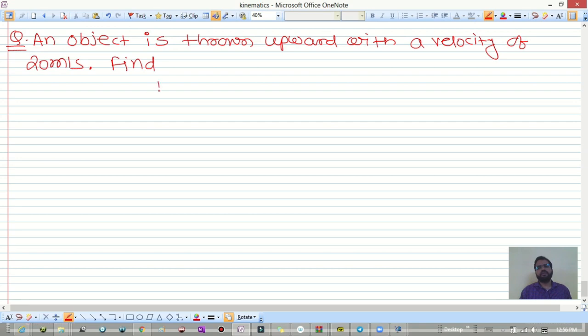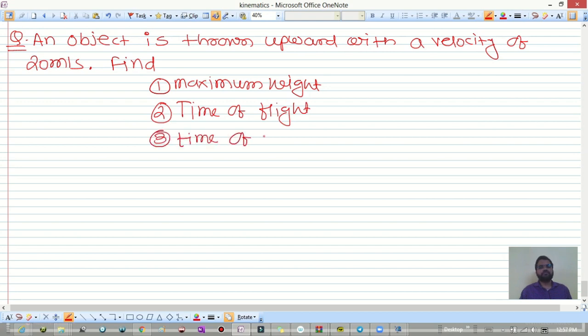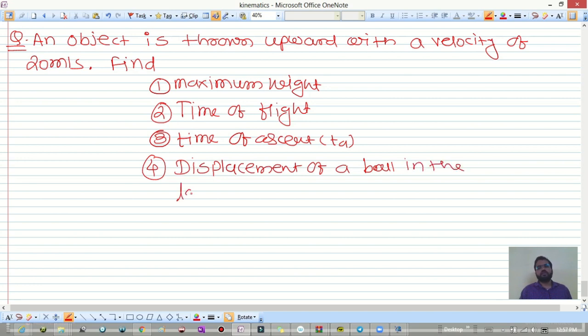Find number 1, maximum height, number 2, time of flight, number 3, time of ascent, that is TA, number 4, displacement of a ball in the last second during upward motion.